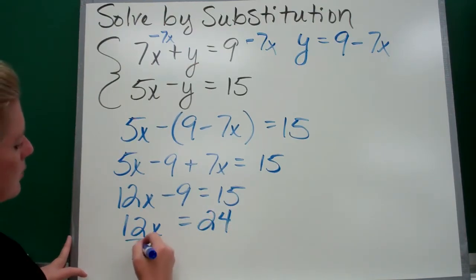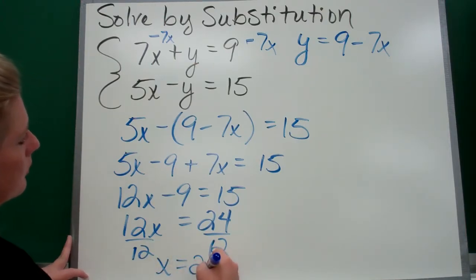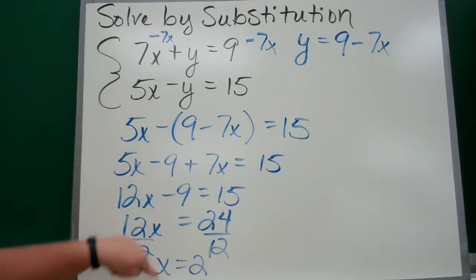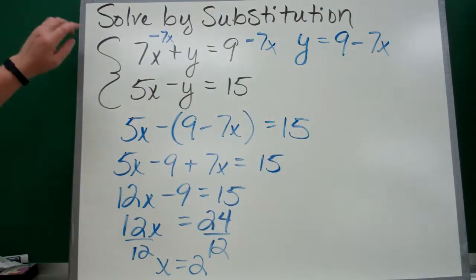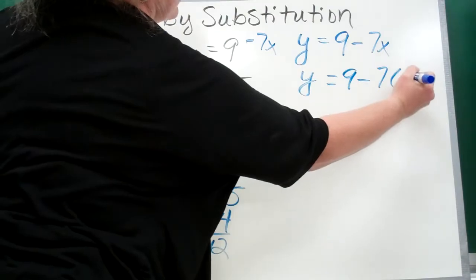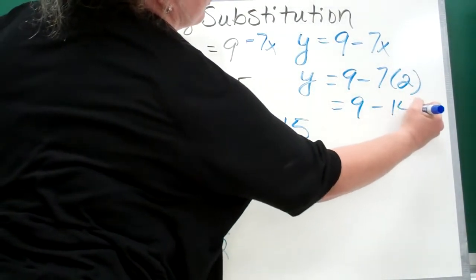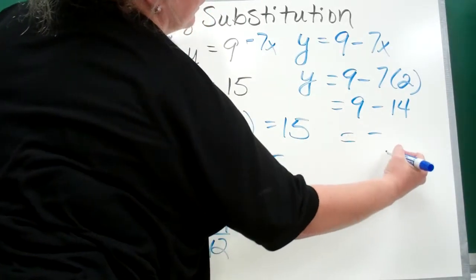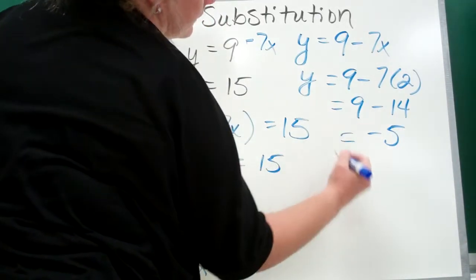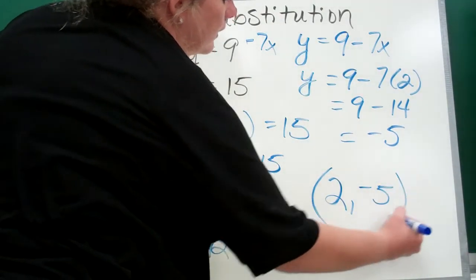Divide by 12. x equals 2. Now, plug this in right there and solve for y. y equals 9 minus 7 times 2, which is 9 minus 14, which is negative 5. Write your ordered pair, (2, negative 5).